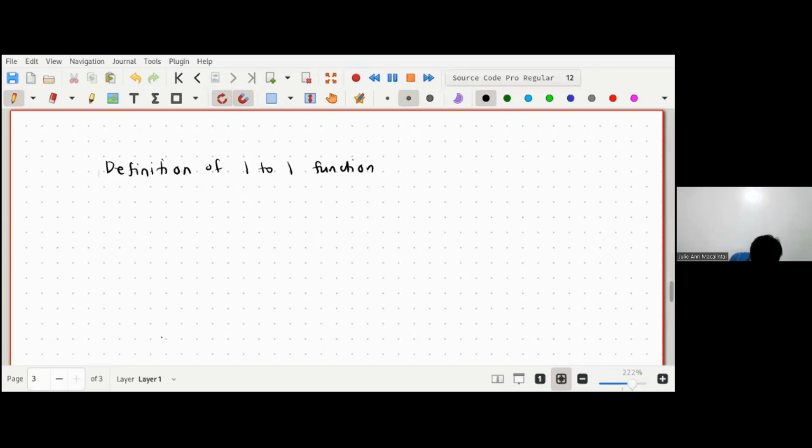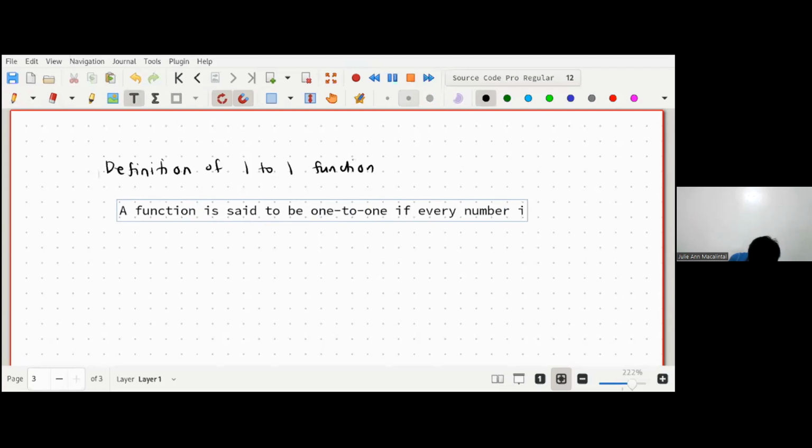So, a function is said to be one-to-one if every number in its range corresponds to exactly one value in the domain.